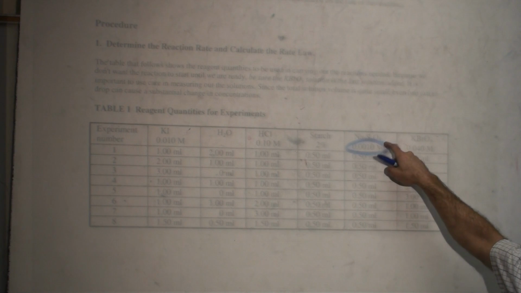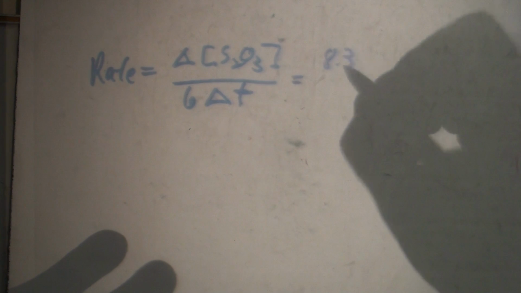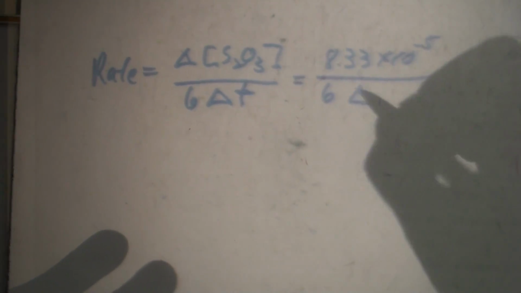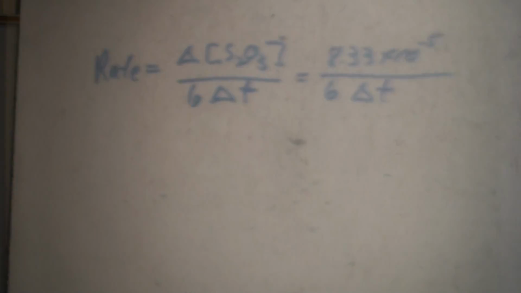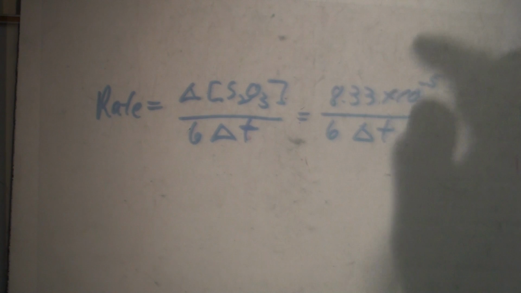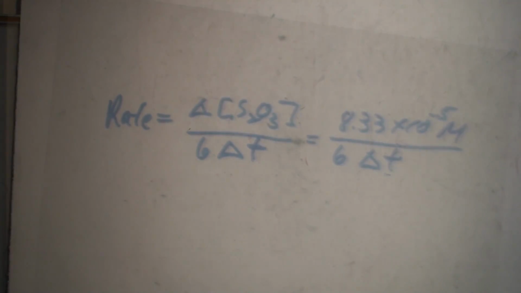So we diluted that concentration. Therefore, the actual concentration is this, dividing it by 6, dividing it by your time. So if you just take that number, divided by 6, divided by your time, you get your rates.